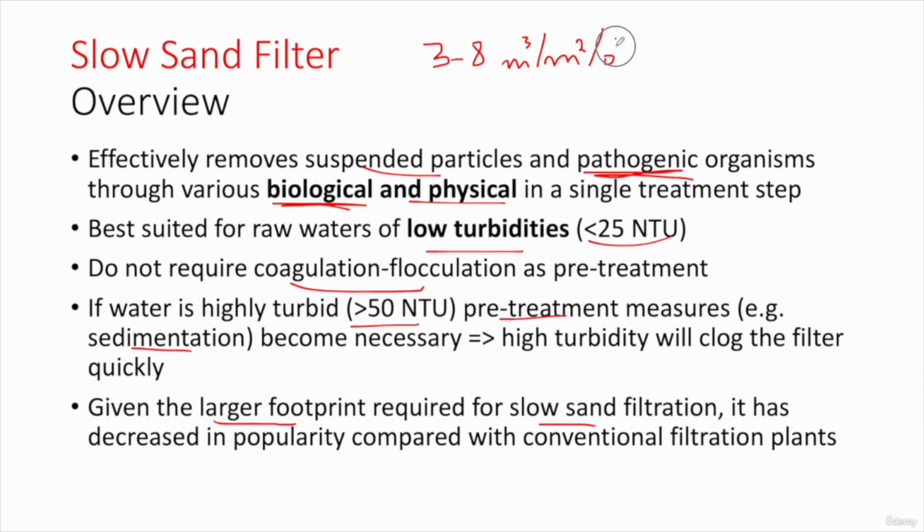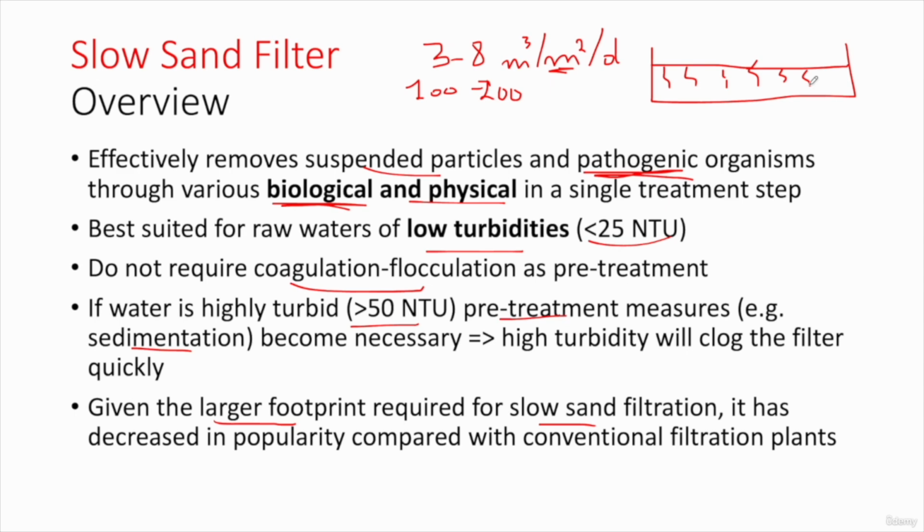Each square meter is only able to treat 3 to 8 cubic meters of water, while for the rapid sand filter it was 100 to 200. Notice the huge difference. This is why we need a very big area compared to a rapid sand filter, so we are able to treat the daily demand and the required daily flow.